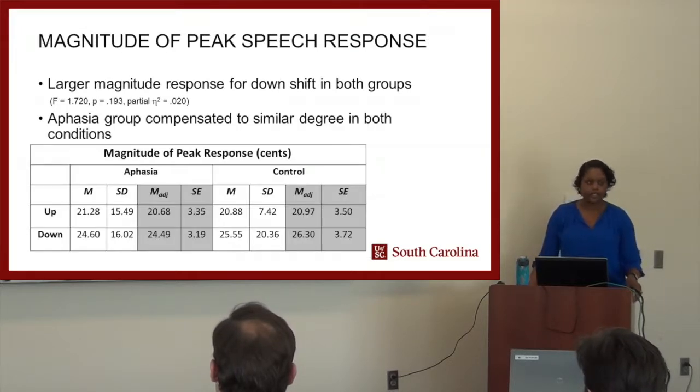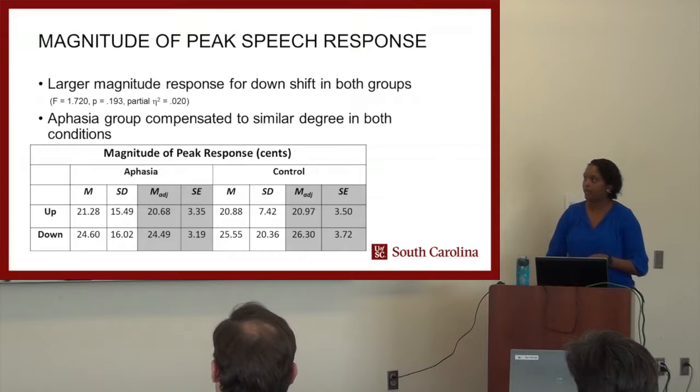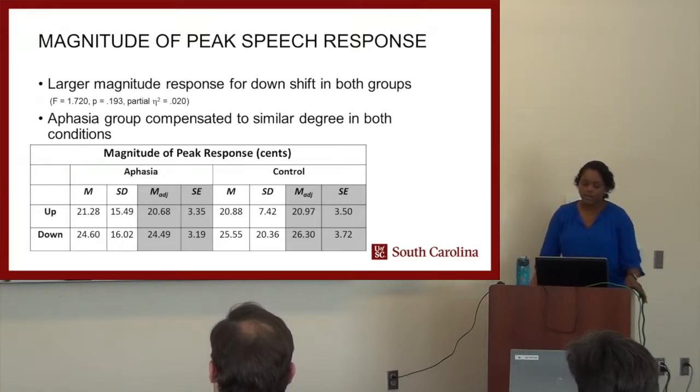In terms of the magnitude of the response, there was a larger magnitude response for the downshift in both groups. And in this table here, you have the average response time and standard deviation, but you also have the response time adjusted for differences in timing, and that's highlighted in gray.